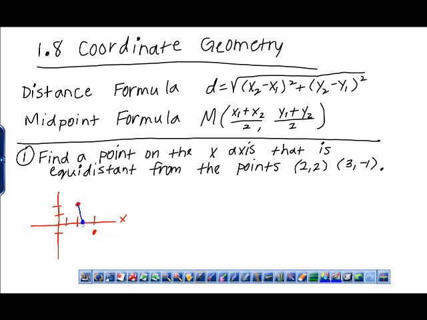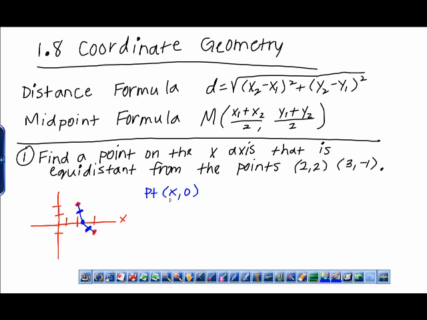I'm looking for where these two segments are equal. First off, they're giving us a point on the x-axis, so our point is going to be some value of x and then 0. The y value of our point is going to be 0, which is extremely useful.